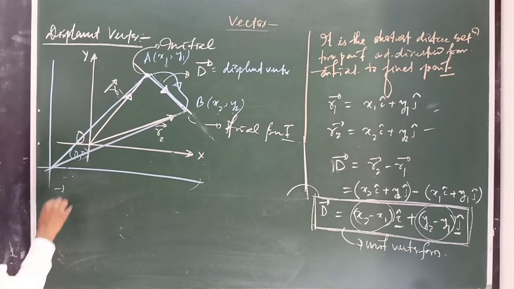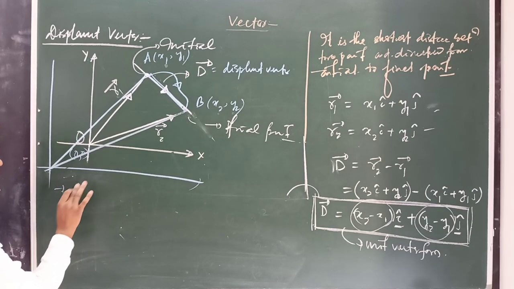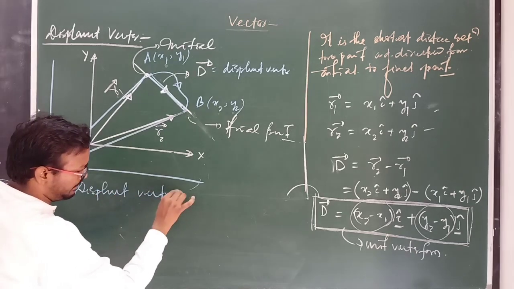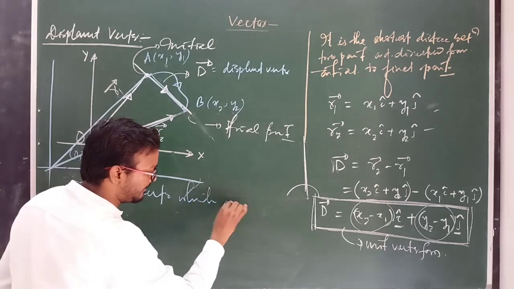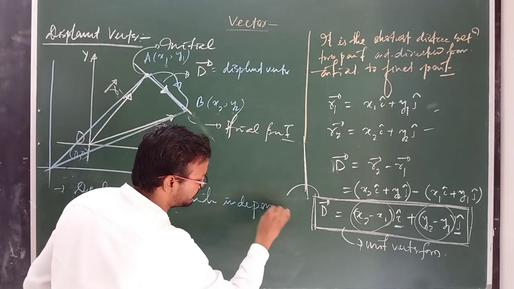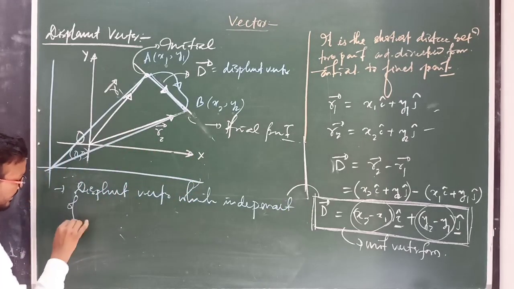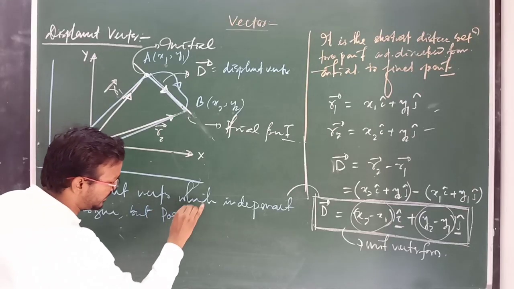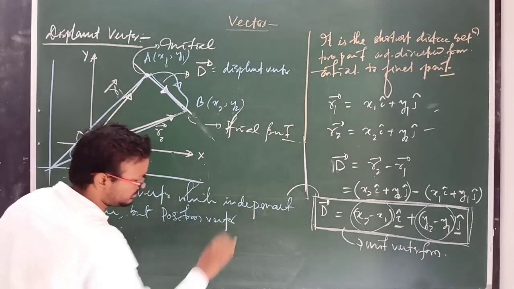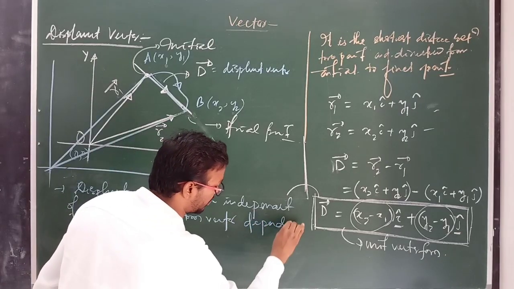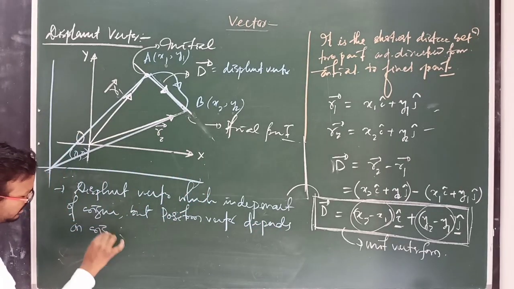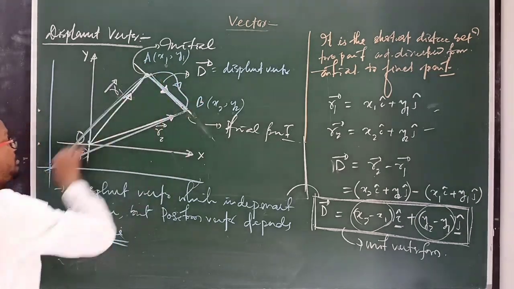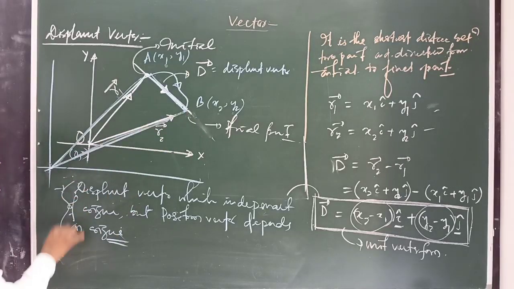So the displacement vector is independent of origin, but the position vector depends on origin. When I change the origin, the displacement vector is constant, but the position vector changes. So these are two important facts.